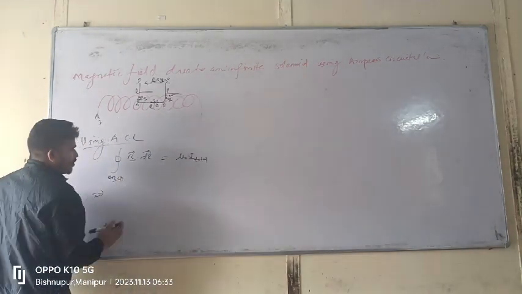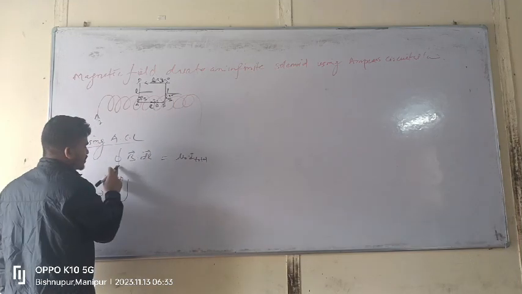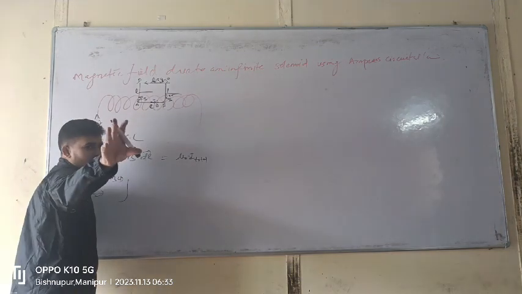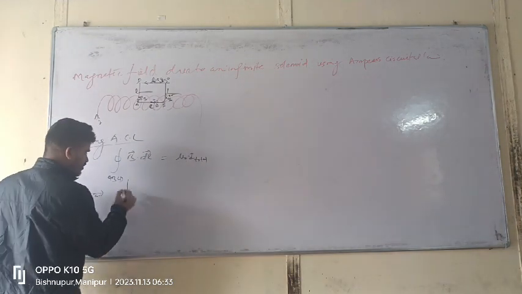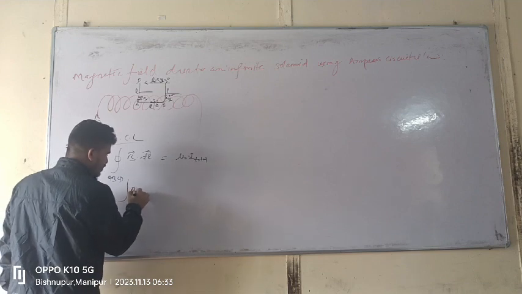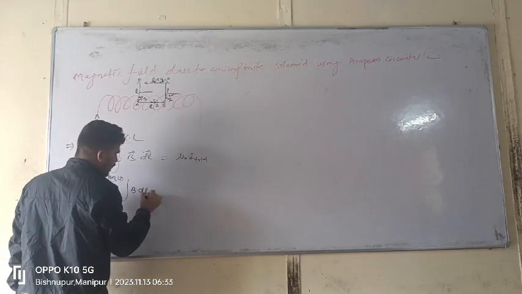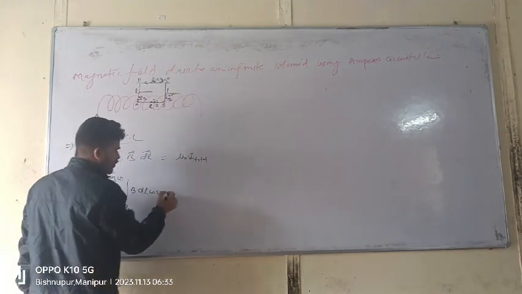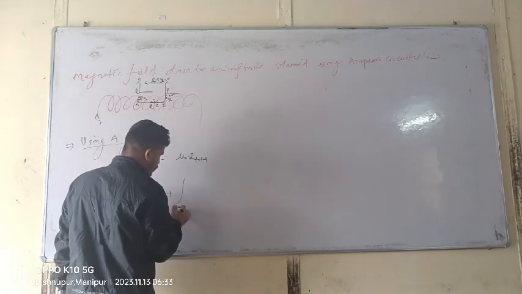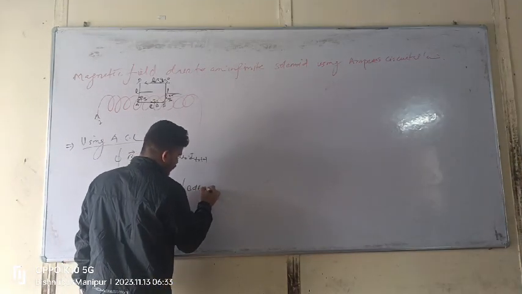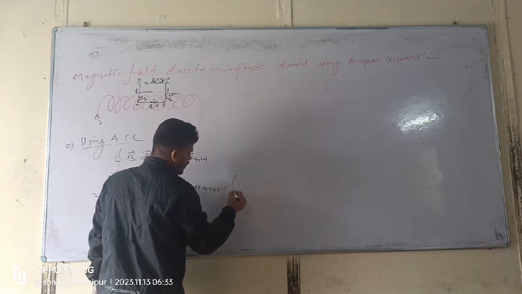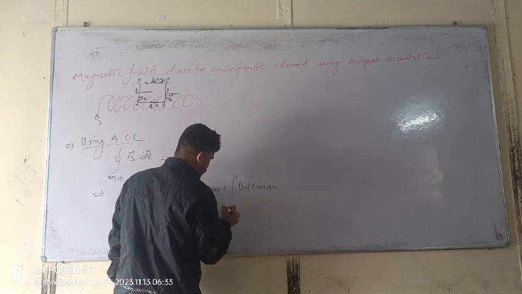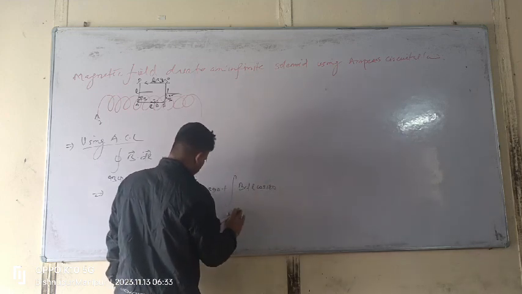Now, this is a loop with 4 sections. Separate them. First one is B dl cos 0, from A to B. B to C: B dl cos 90. Then B dl cos 180 for CD.